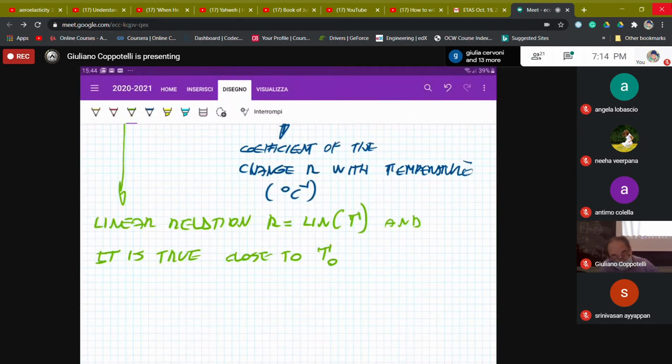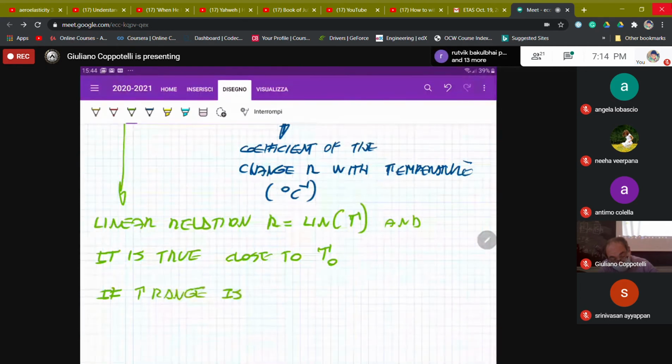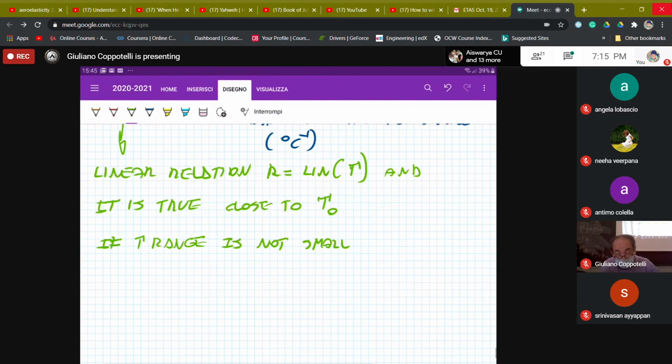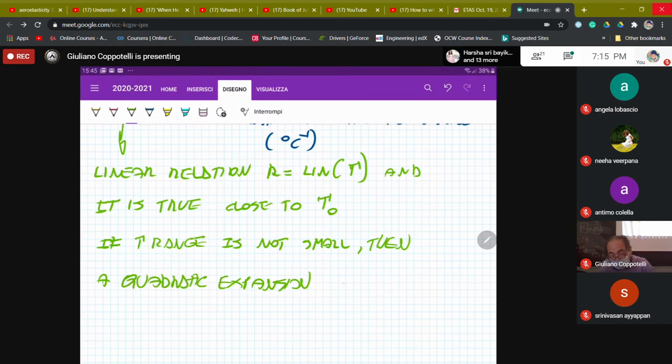So what you can say is that if the T range is not small, please, T range is the range of temperature from the reference temperature, then a quadratic expansion can be used.